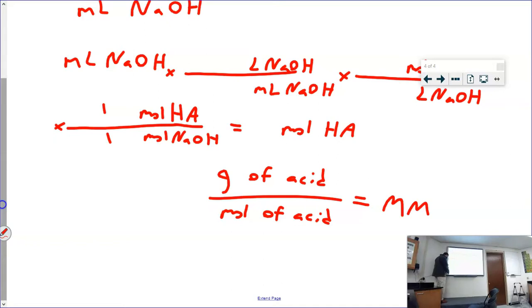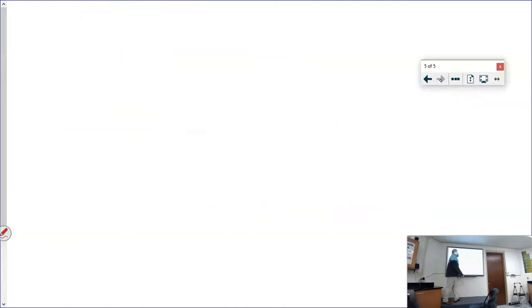Now, the next part I want is net ionic equations, okay? With net ionic equations, remember, anything that's ionic or anything that is strong, we dissociate. So what were our two reactants? I'll use the real formula here.